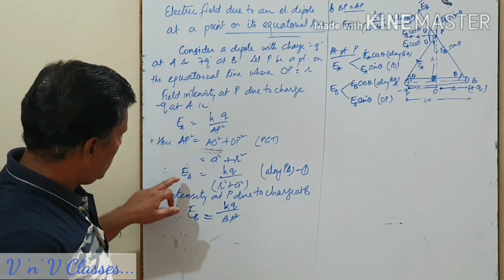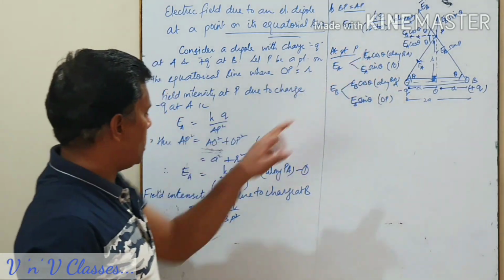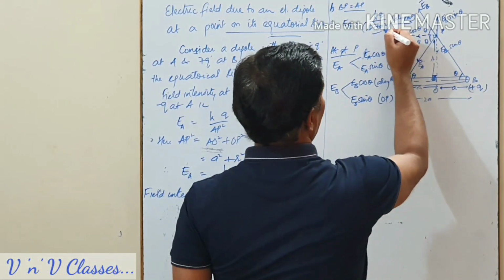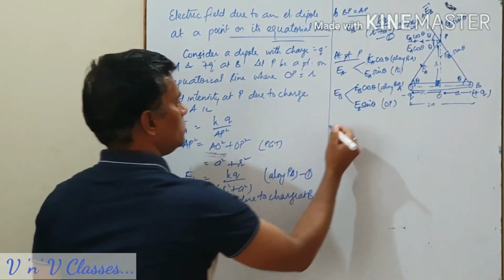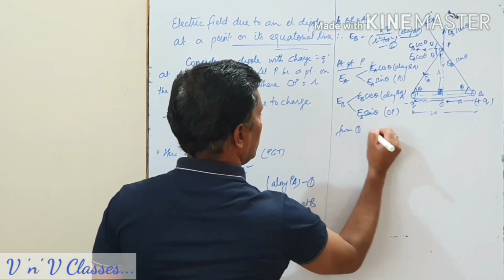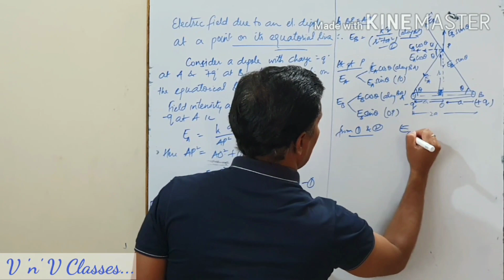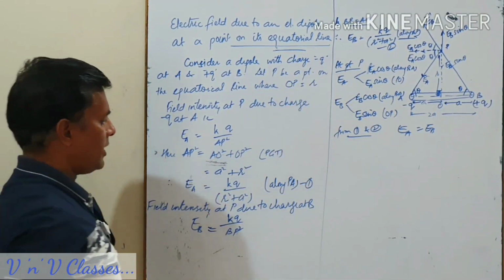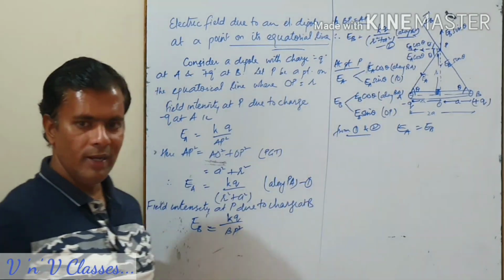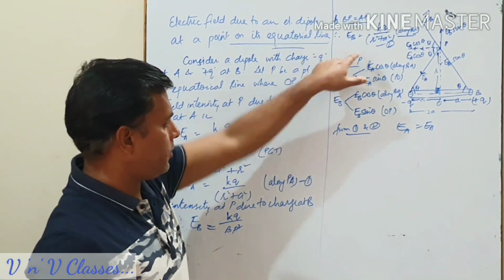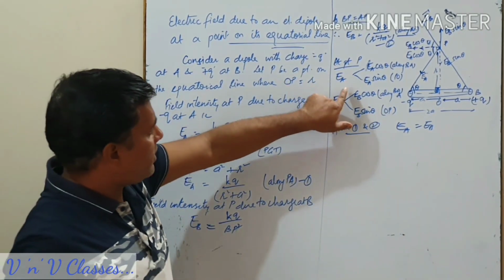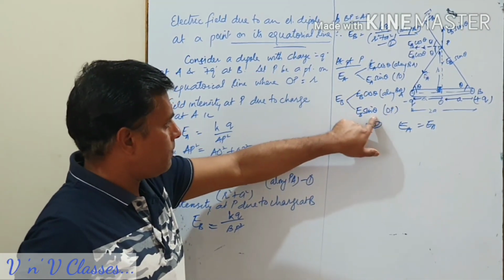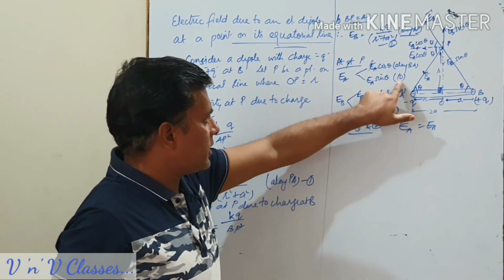Now see, EA and EB are numerically equal. You can see from these two equations. Let this be equation number 2. So from 1 and 2, EA equals EB. Compare these two, you get them to be same. Only directions are different, but the magnitudes are same. Now when we resolve them, the sine components of both will be same, but directed oppositely.